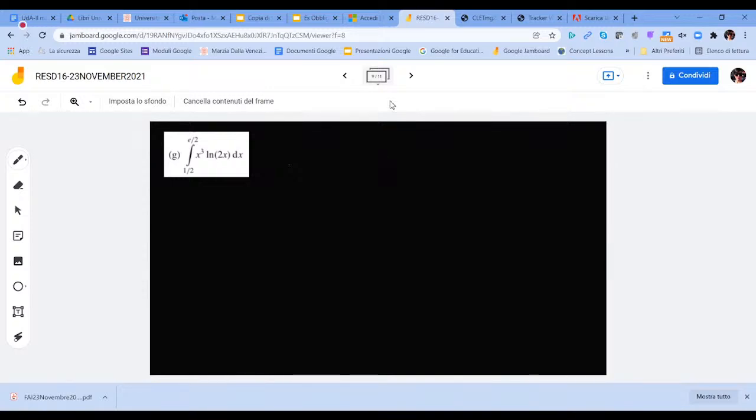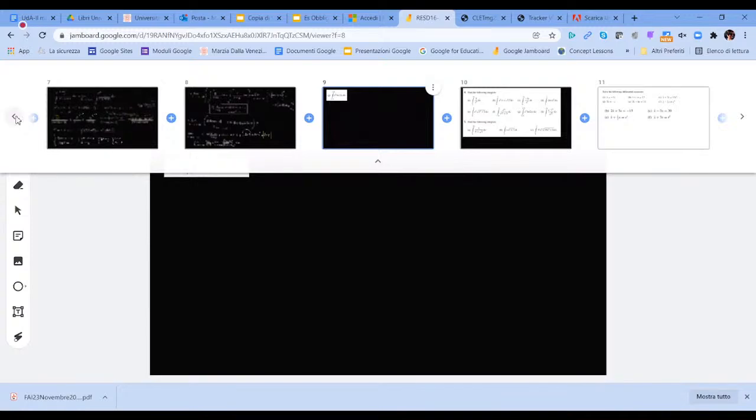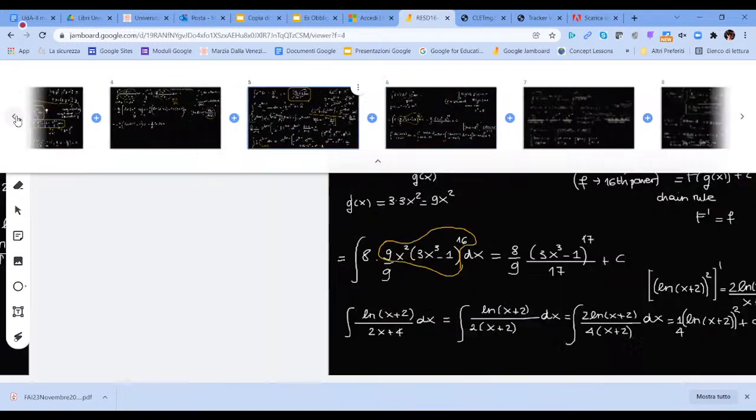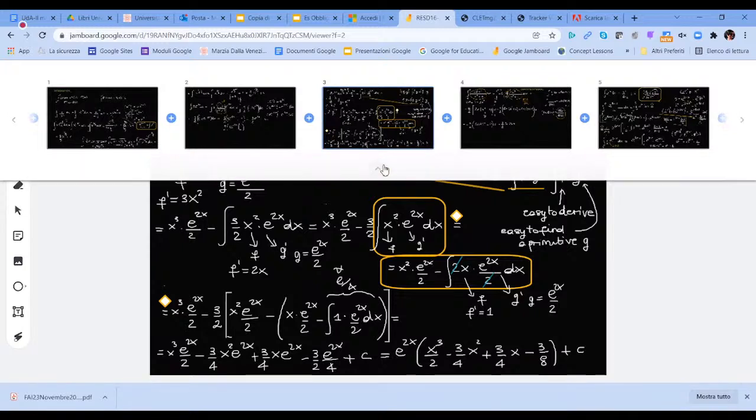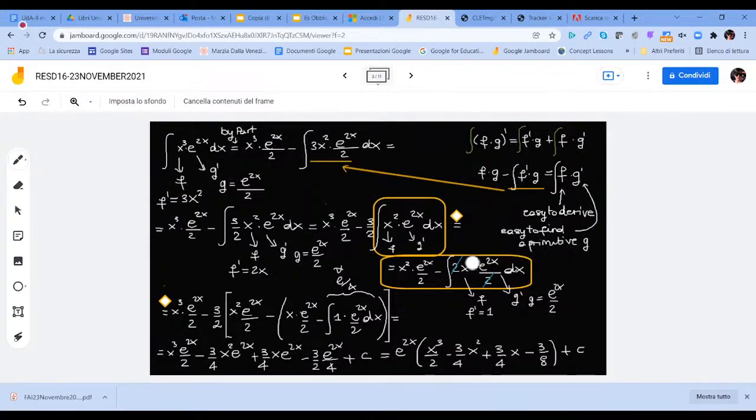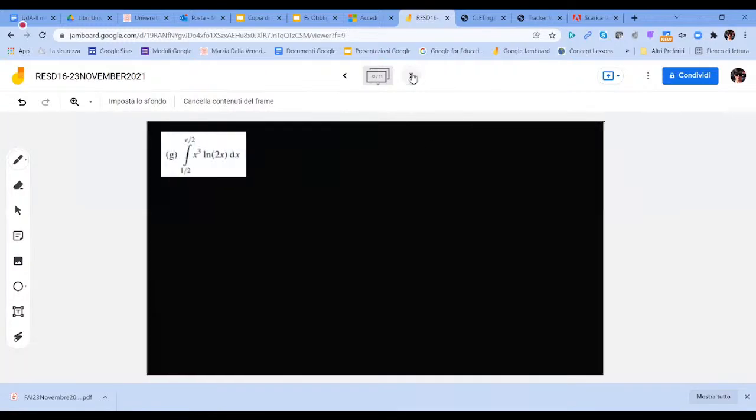Okay, so let me use the same letters that we used last time, that means f and g, so this rule.